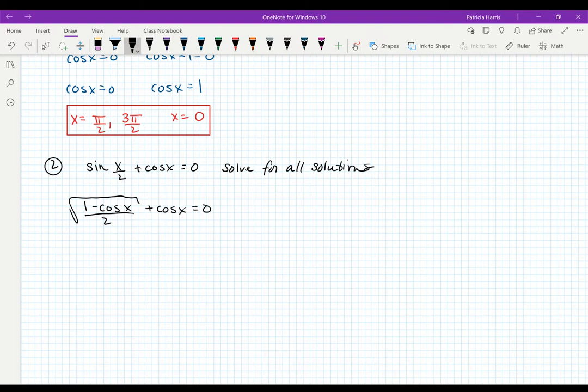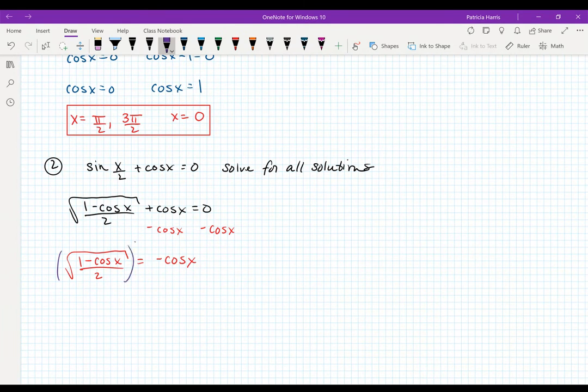Okay, so now I'm going to use a little trick because I want to get rid of that radical. To get rid of the radical, I'm going to square it, but before I square it, I'm going to move the cosine over to the other side, because if I don't, then I'm going to wind up with a very, very funny looking binomial, and I don't want to square that.